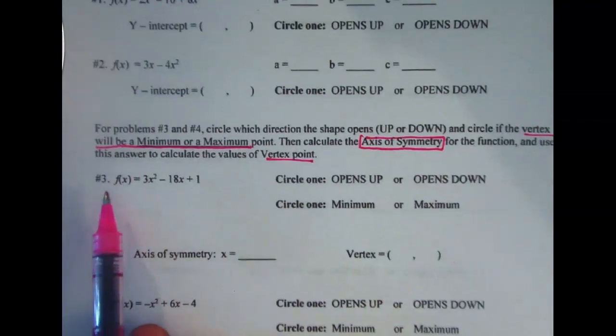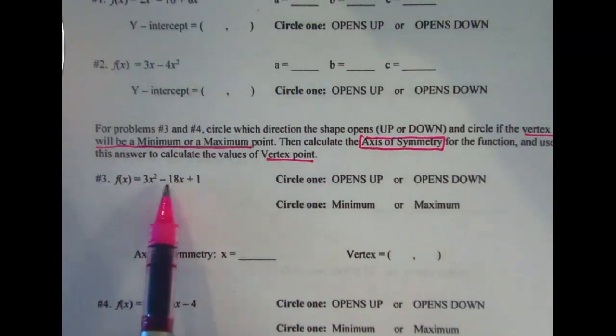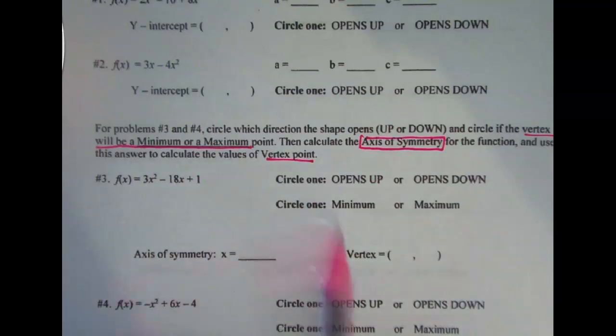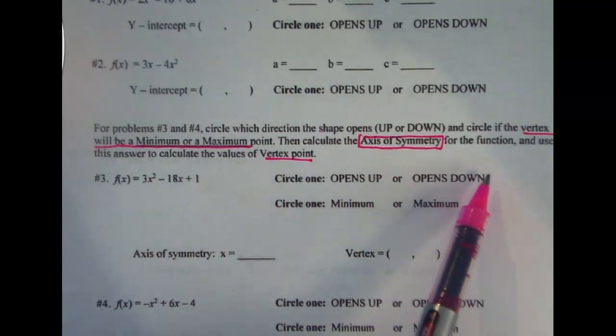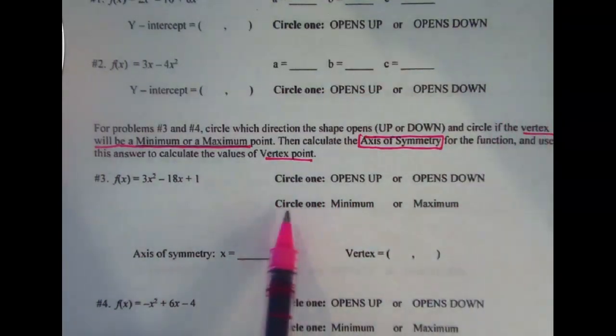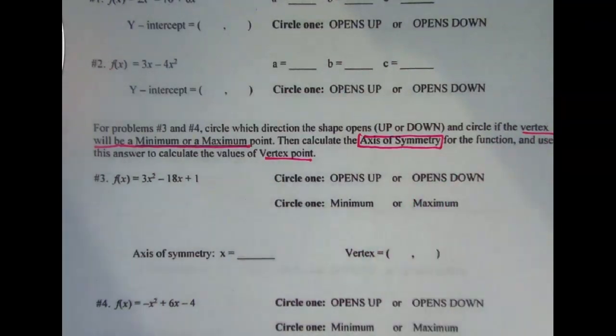All right, so let's look at number 3. So make sure, first of all, it's in standard form. So this says f of x equals 3x squared minus 18x plus 1. So I want you to circle if it opens up or it opens down. Choose if it's a minimum or a maximum, because those go hand in hand. The axis of symmetry, remember our formula, and it'll just help you out a little bit.